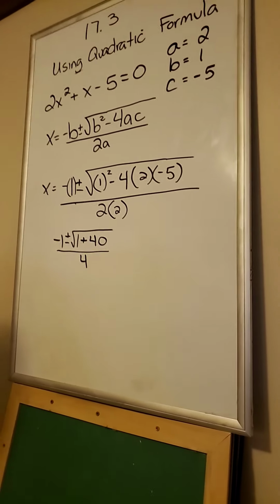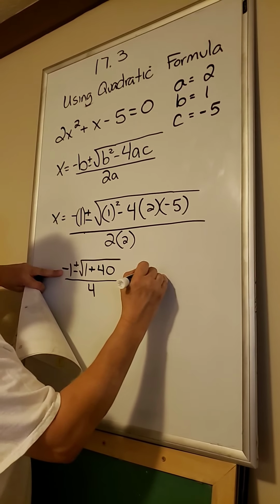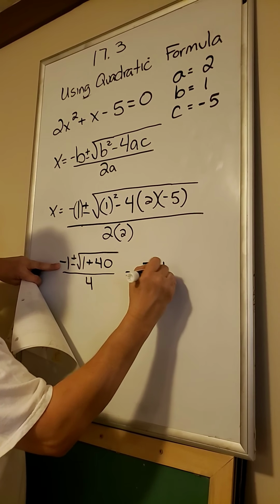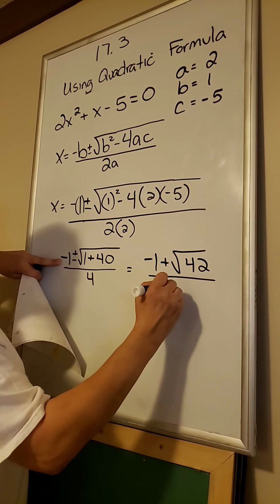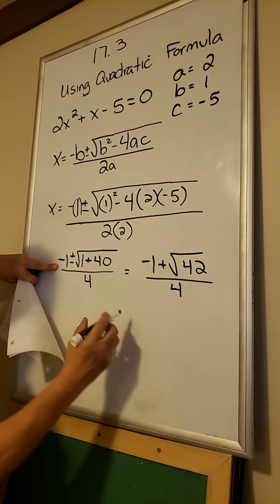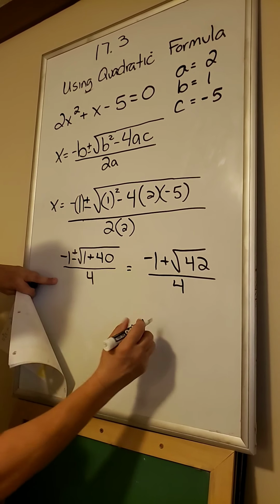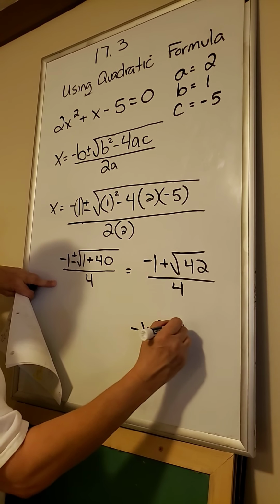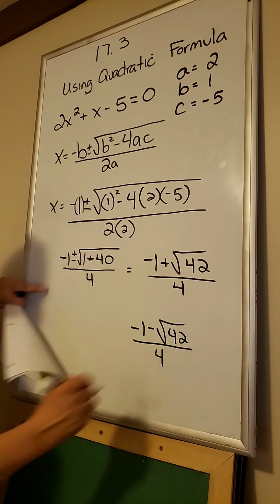So now I can work this as two problems. So my first problem would be negative 1 plus radical 42 over 4. And also negative 1 minus, because remember the radical is a plus and a minus, minus 42 over 4.